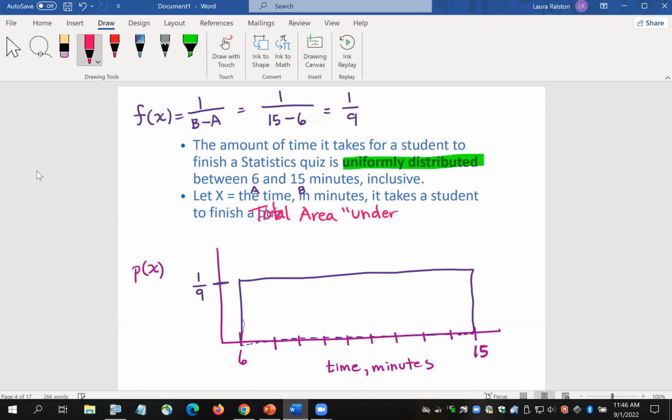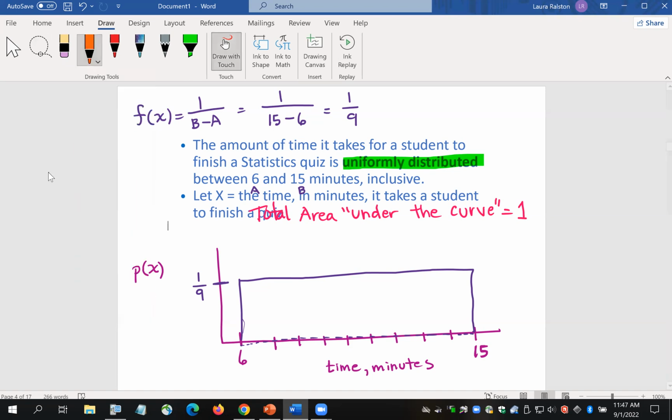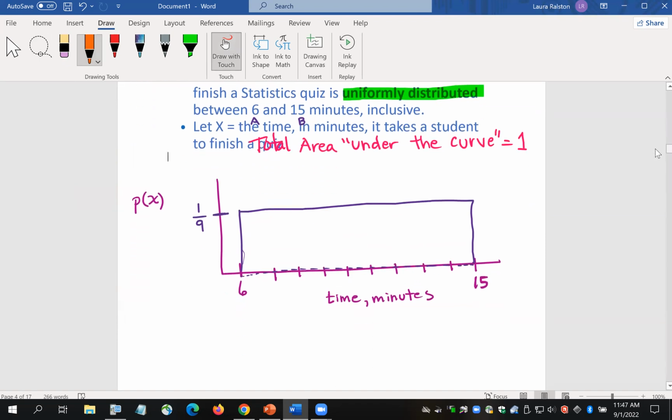Visually, we have a rectangle. And we know from geometry that the area of a rectangle is its length times its width.